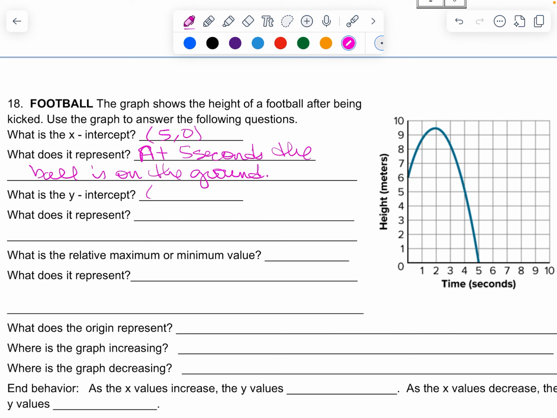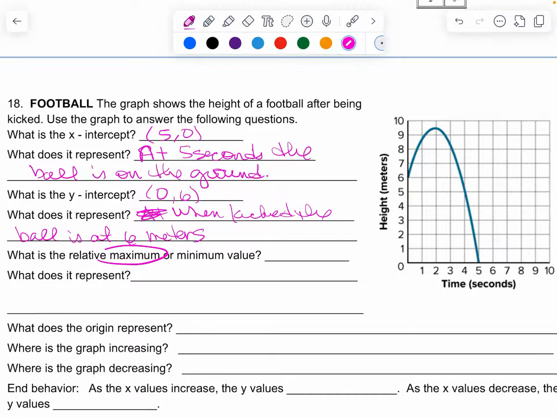Y-intercept is 0, 6. When kicked, the ball is at 6 meters.